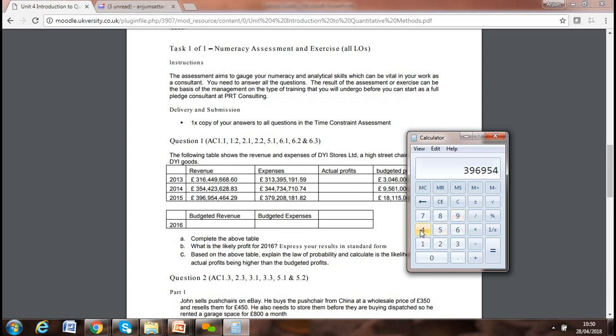We need to calculate the trend. So that trend will help us, the future trend. Minus 3, 4.